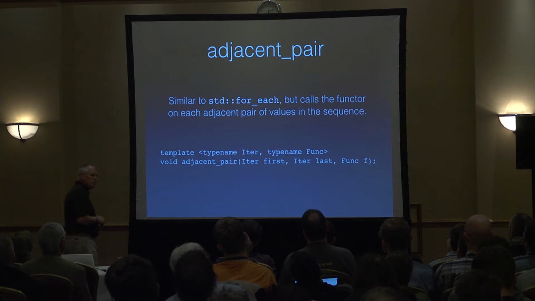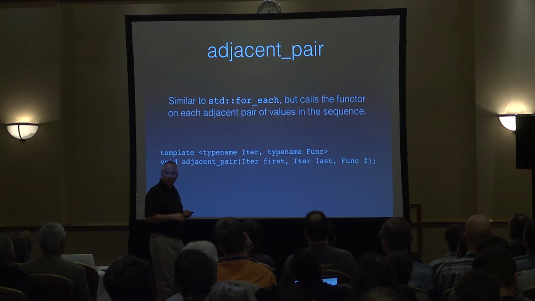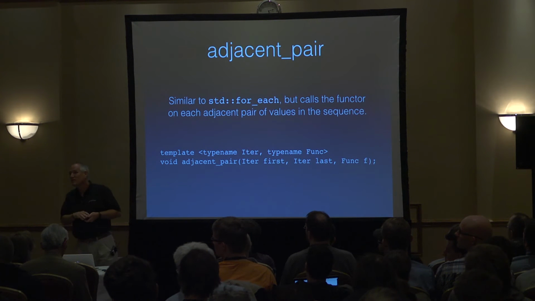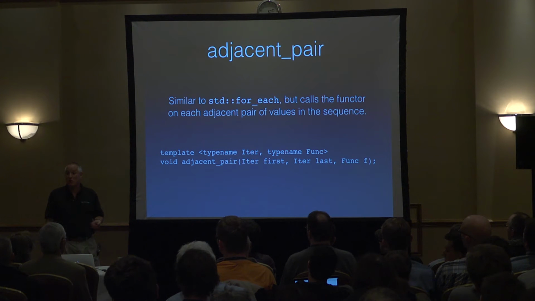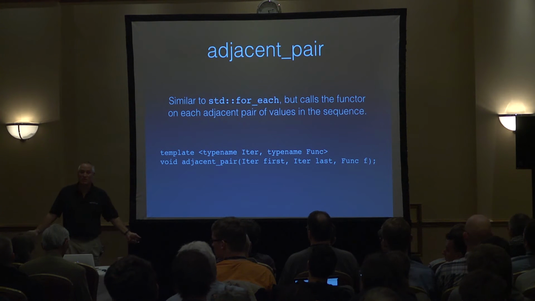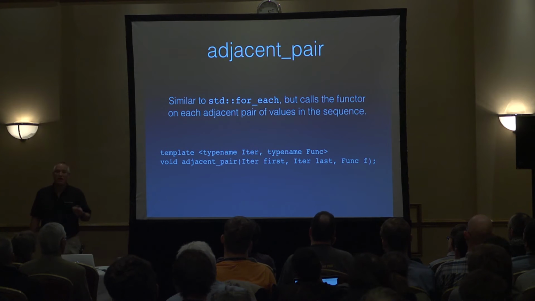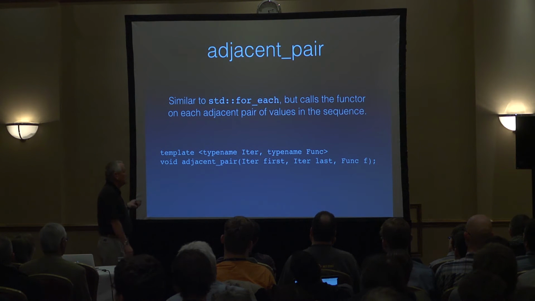What about if there's only 1 element in the sequence? Somebody said something here. Same again, yes. There are no pairs in the sequence. You can't make any pairs, so you should call the functor no times. An odd number is okay.